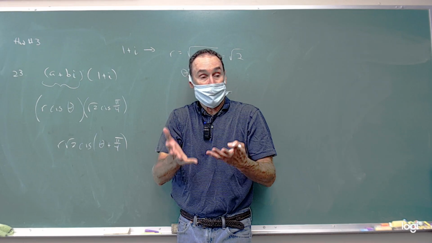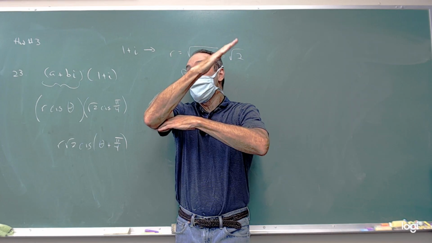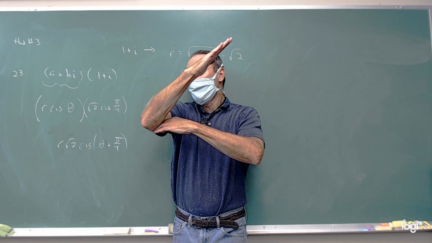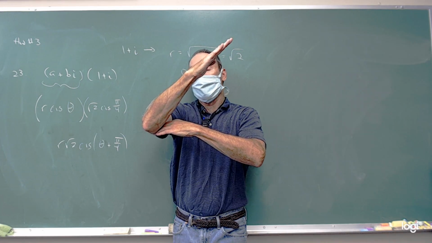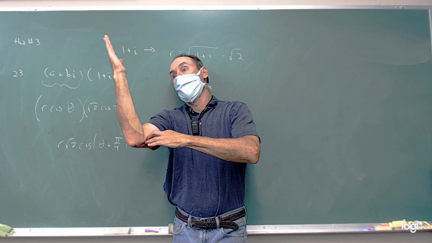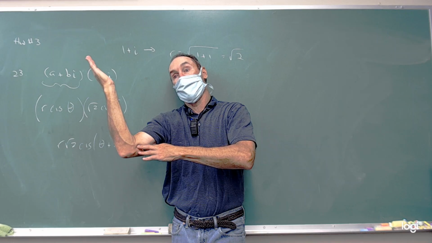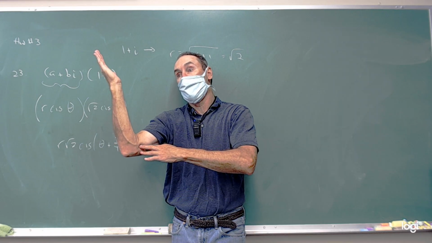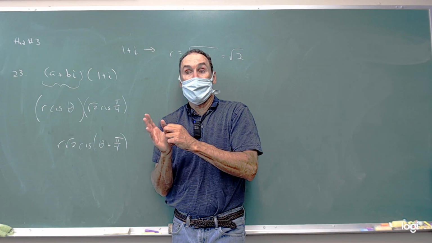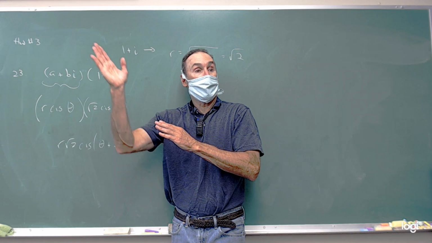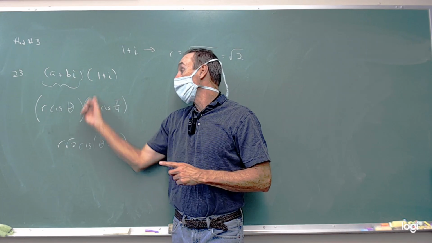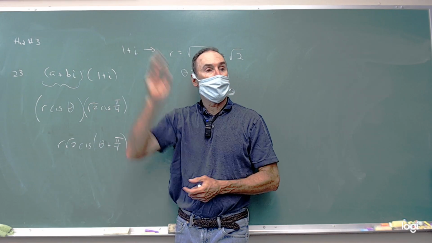So they're asking you that original a plus bi, think now r cis theta, when you multiply it by 1 plus i, it's going to rotate it by whatever the angle was for 1 plus i, which in this case is pi over 4, or 45 degrees. And then, if you want to go another step, what's it going to multiply the length by? It's going to multiply it by the square root of 2, the r value of the 1 plus i.